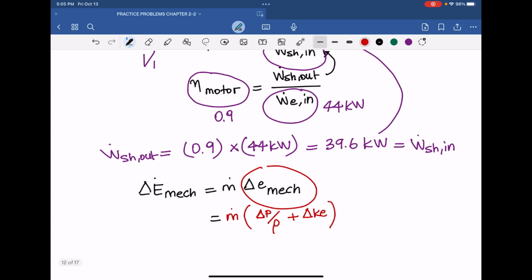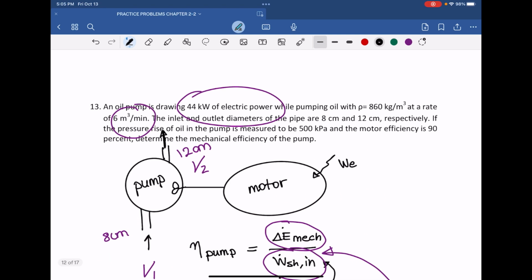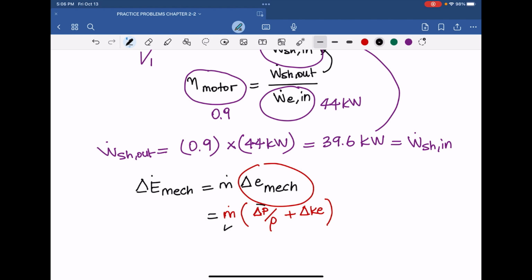Now, mass flow rate, do they give it to us? Let's look at it. They didn't give us mass flow rate, but they did give me density and volumetric flow rate, from which I can easily calculate mass flow rate. So pretty much this is given. Pressure change is also given. Density is given.